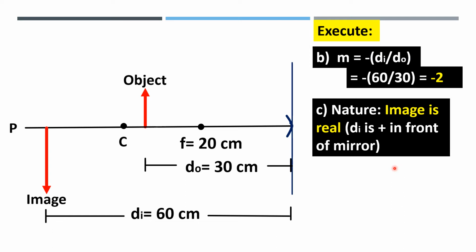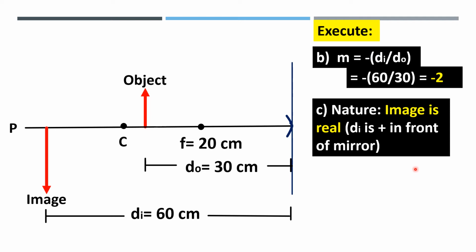The clue is if the computed image distance di comes out to be positive, then we conclude that the image of the object is real, meaning it is formed in front of the mirror. And since what we got was positive 60 centimeters, therefore, we conclude that the image is real.